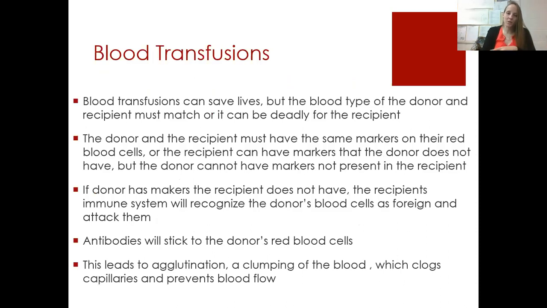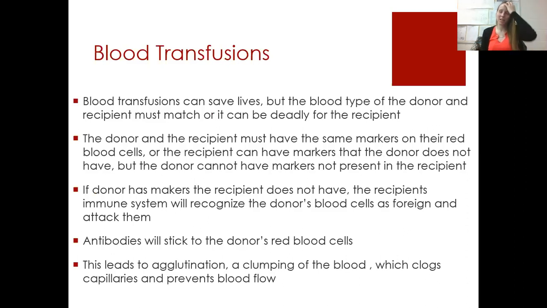It is really important to know someone's blood type if you're doing a blood transfusion or something like that, because the blood from the donor can't conflict with the recipient's blood type. So they have to either have the exact same blood type or the donor has to just not have any markers that the recipient doesn't have.